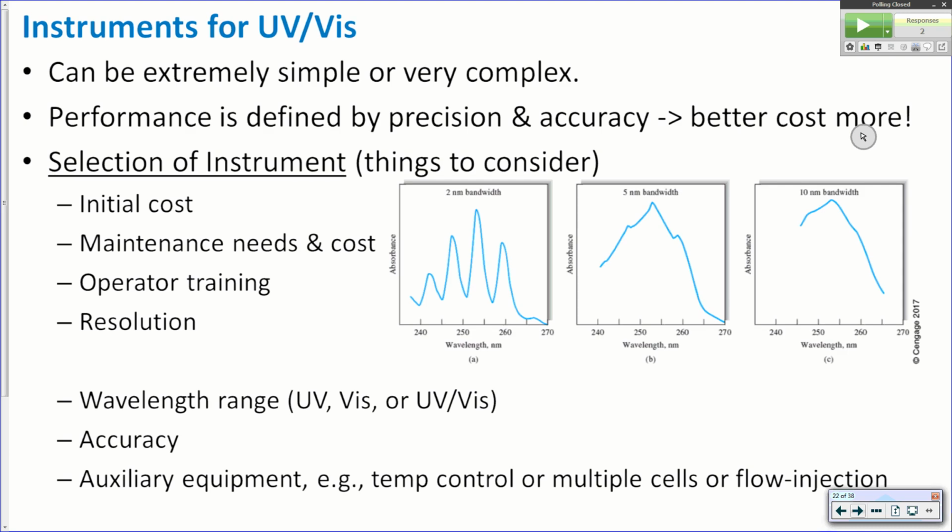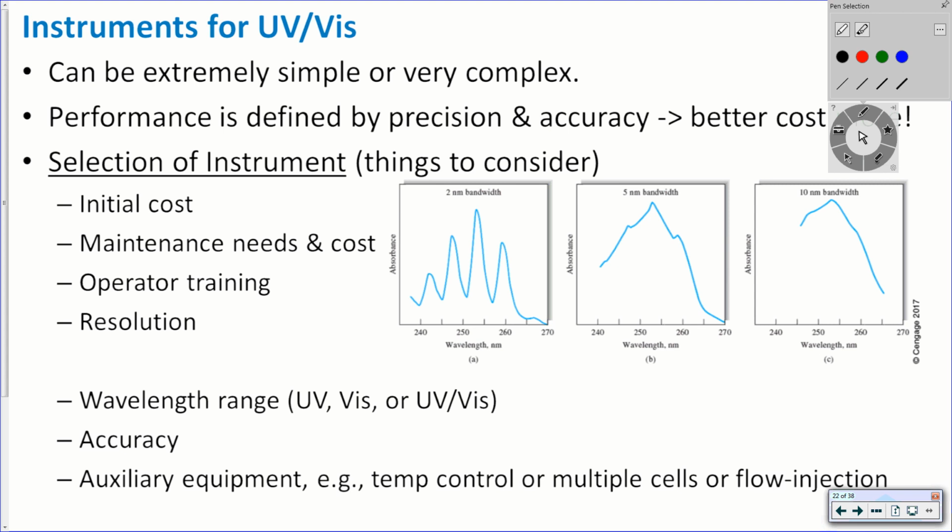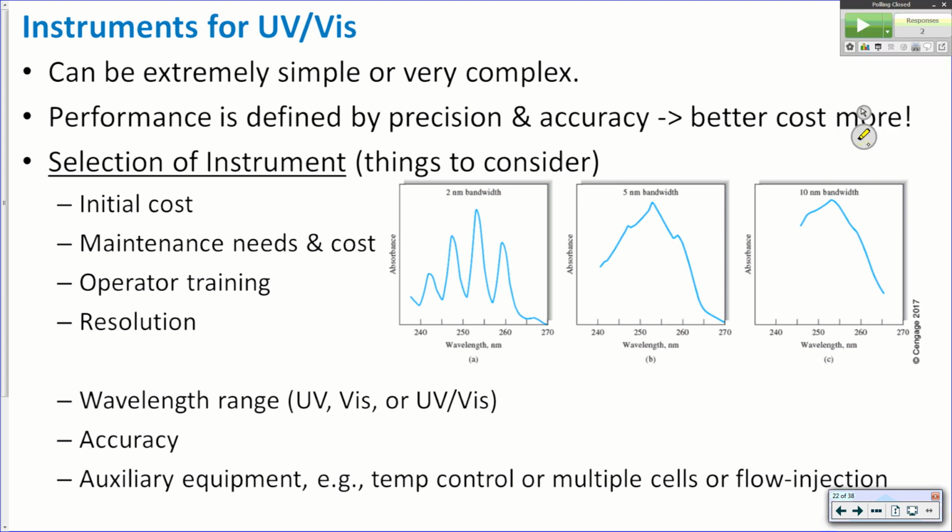All right, so switching to the instruments. This is where we can have a lot of variation in the technology of the instruments. We can have something that's extremely simple.